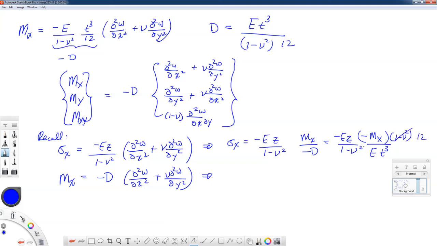Let's see, the 1 minus nu squared terms cancel, the E's cancel, the negative signs cancel, and let's see what we're left with.